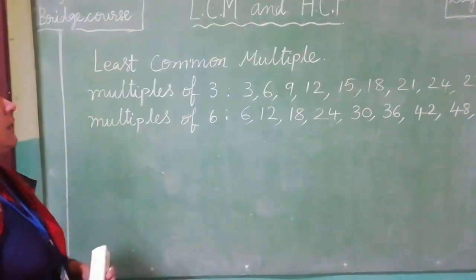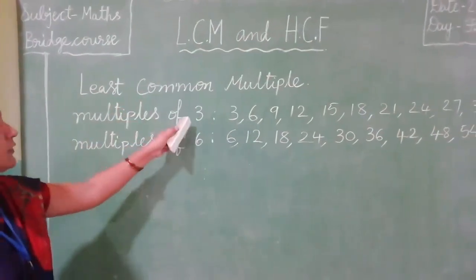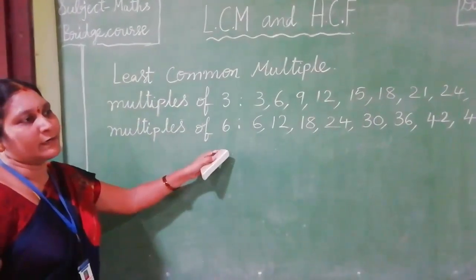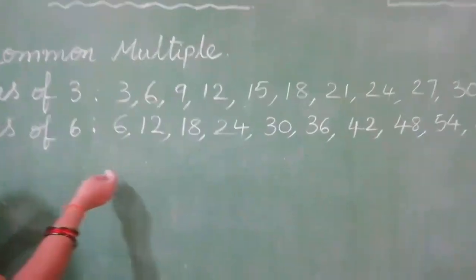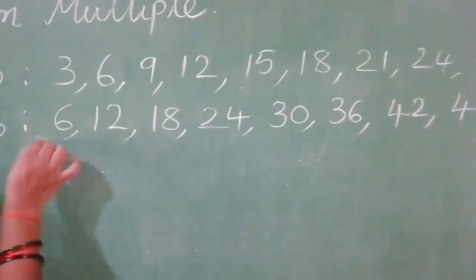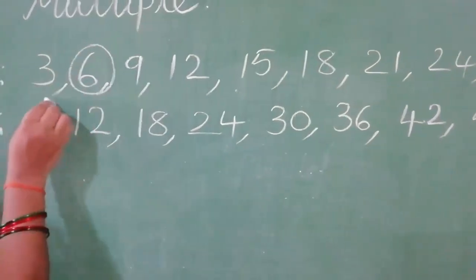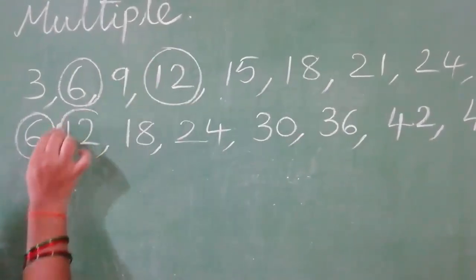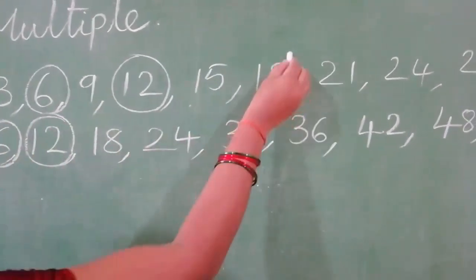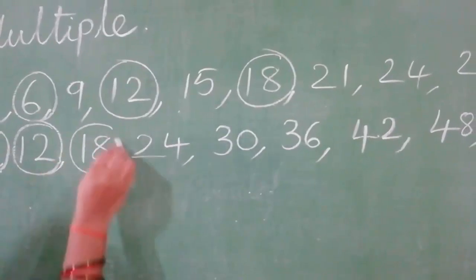Now here we write the common multiples of 3 and 6. Here check the two multiples. Here what numbers are same? Here check, 3 is there? No. Next 6 is there. Circle that one. Again 12 is there, here also 12 is there. Here 18 is there, here 18 is there.